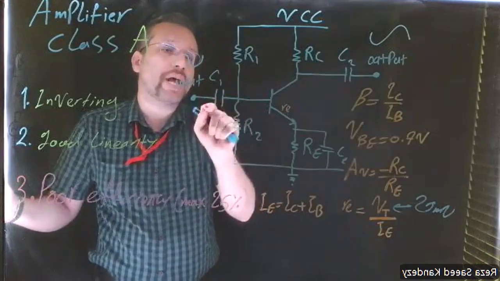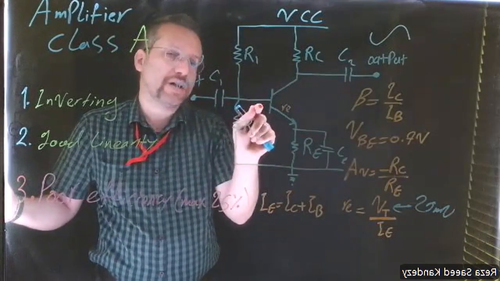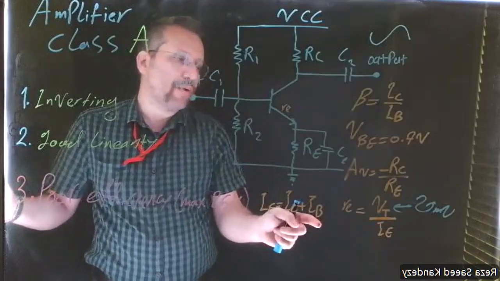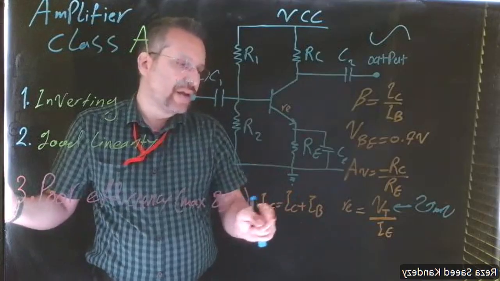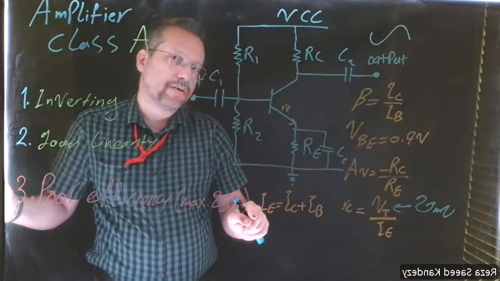You can consider the collector current as DC, with a very, very low AC part close to zero, but for the base current, we actually input an AC signal, so we cannot neglect that. Therefore, we have an AC component in the emitter current.